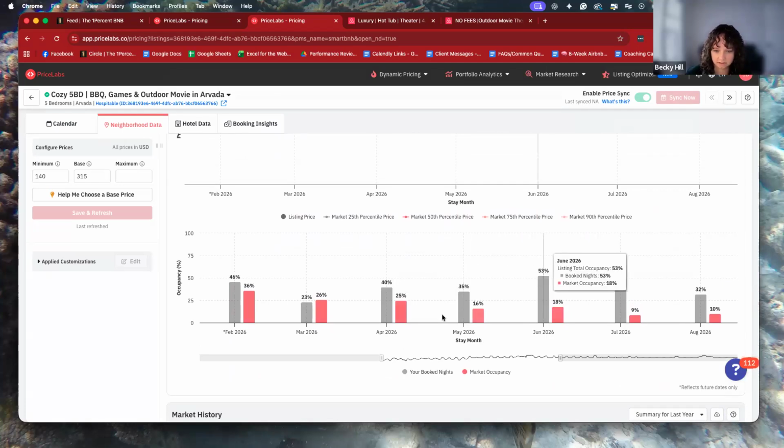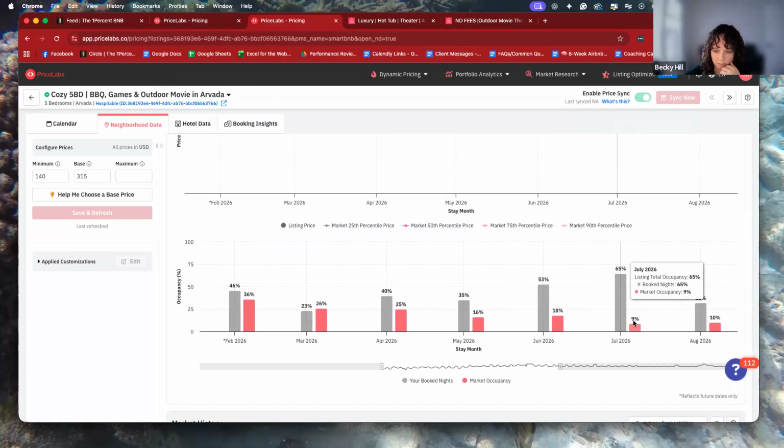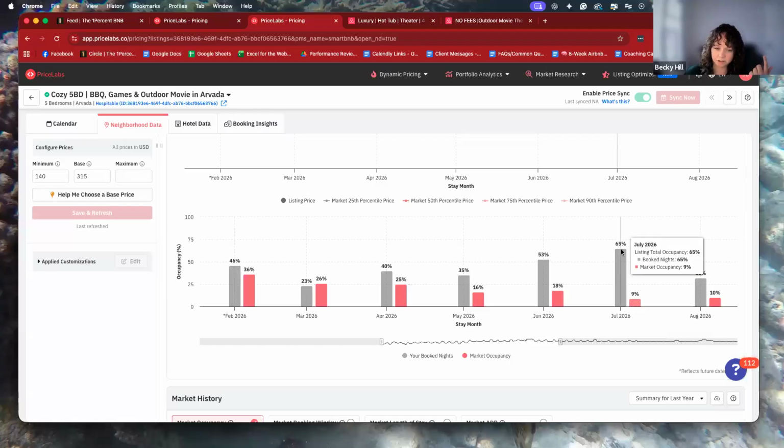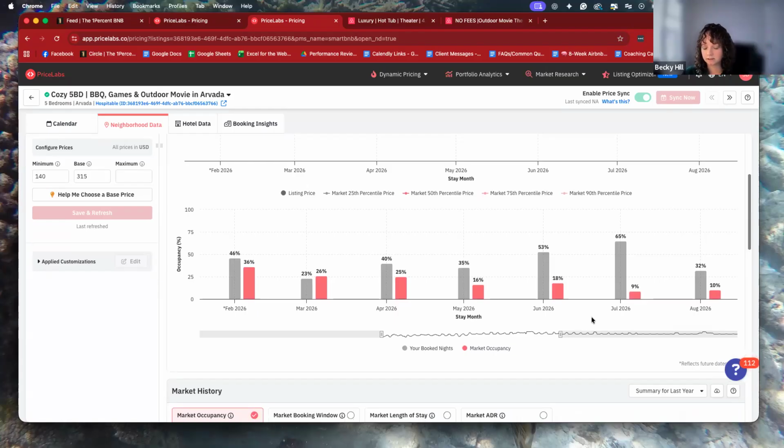So when it says that July is at 99%, the market occupancy that's based off of that comp set, so the comp set's only about 99%, and you're sitting at 65%. So it's like, for next year, take into consideration that prices could have probably been higher for July. So maybe for June and July, where you're well exceeding the market, you can go up and you can even put a higher premium on those months because people are booking them way ahead of time.